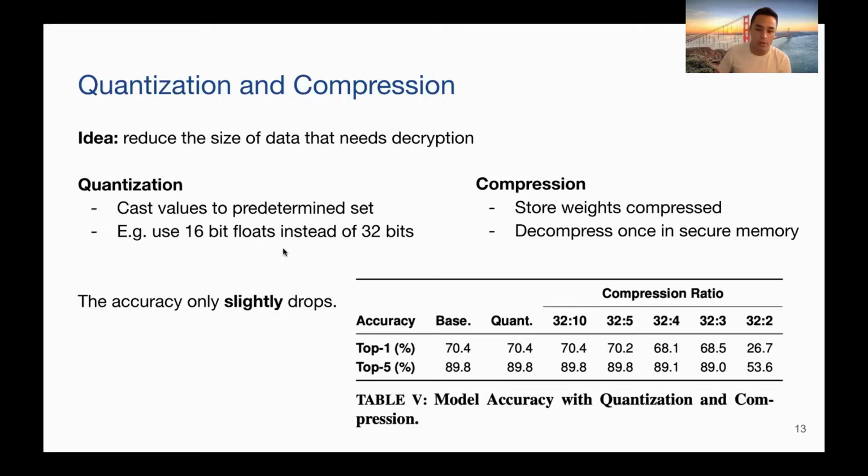But from our experiments using the ImageNet data set, we observe that we have no drop in accuracy at all when using 16-bit floats quantization. And when we use compression, we only get a significant accuracy drop, so 0.2%, for instance, when we use smaller and smaller compression ratios. And so the limit we chose in our experiment is 5 out of 32 in terms of compression.